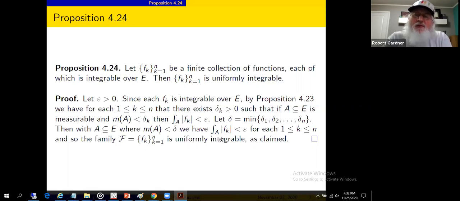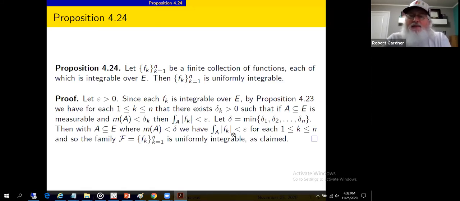Then we'll get the integral over A of the absolute value of f sub k less than epsilon. Set A has sufficiently small measure for this to happen. It needed to be measure less than delta sub k. It is, it's less than delta, which in turn is less than or equal to delta sub k. So we're good with that. And that gives the uniform integrability of that finite collection of functions.